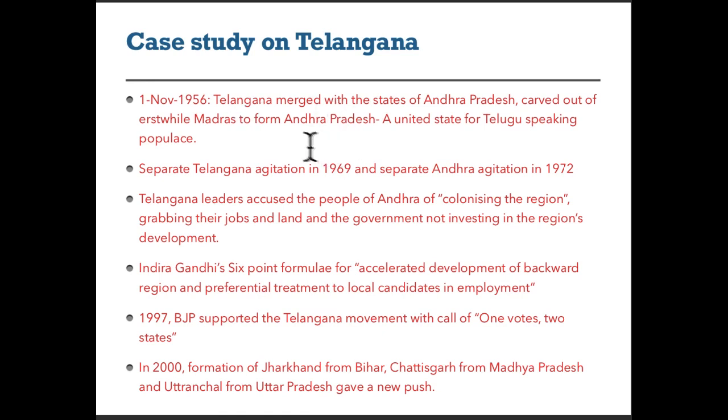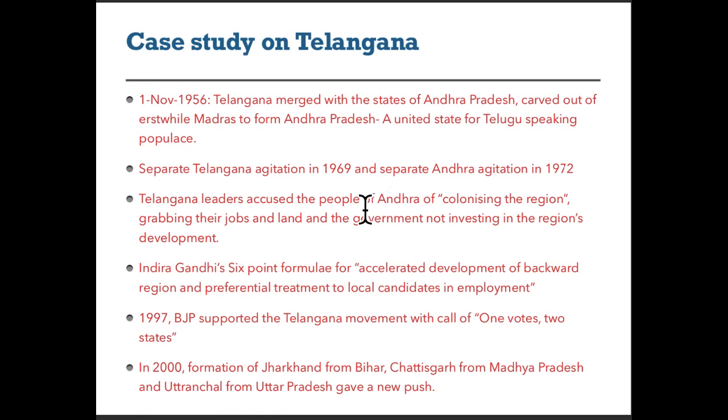But from that time onward, the people of Telangana had a demand for a separate state, in 1969, and there was also a demand for Andhra. Telangana and Andhra did not want to be in one state. Both of them wanted a separate state for themselves.